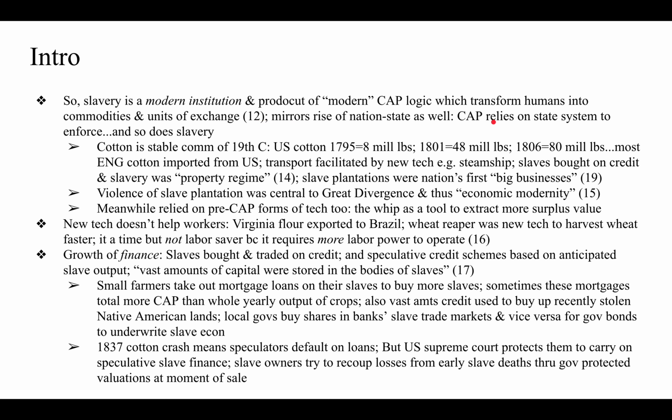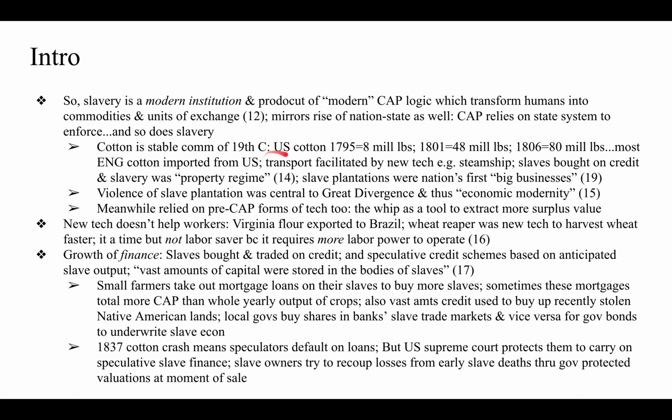Slavery relies on the state to maintain itself, as does global capitalism. And this is so interesting as well, that, again, there's this idea that the free market is somehow independent from the state, but that's a myth, of course. And capitalism as well relies heavily on the interference of the state, as we will see.